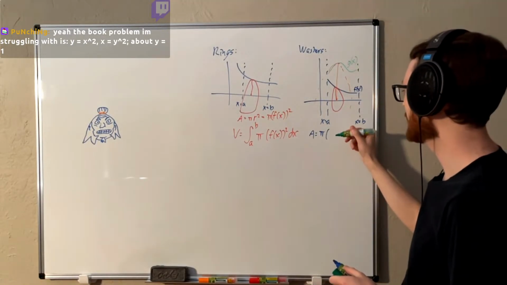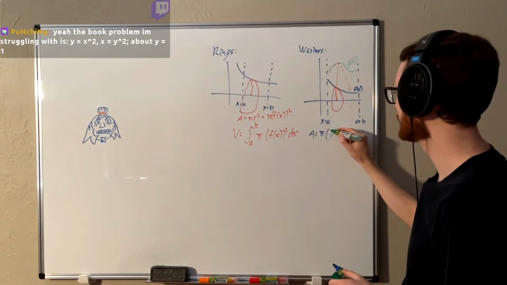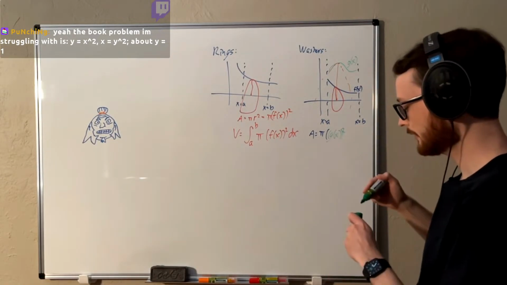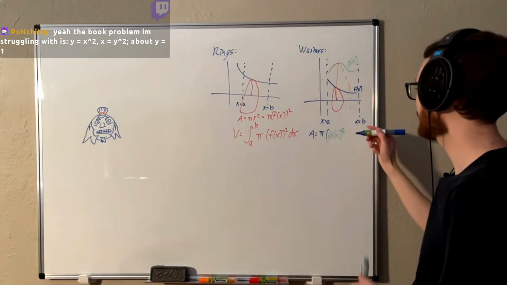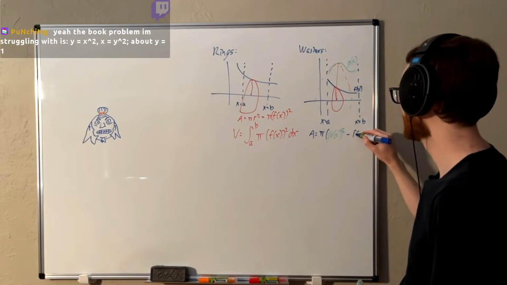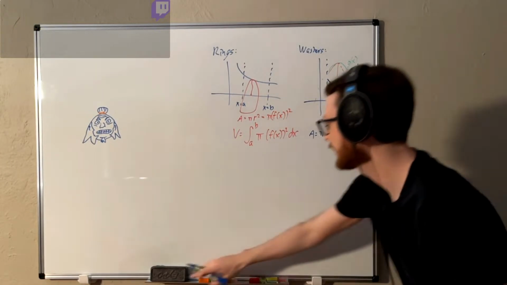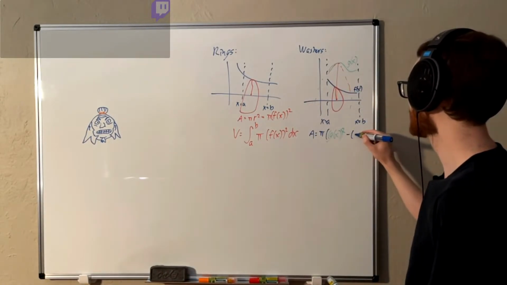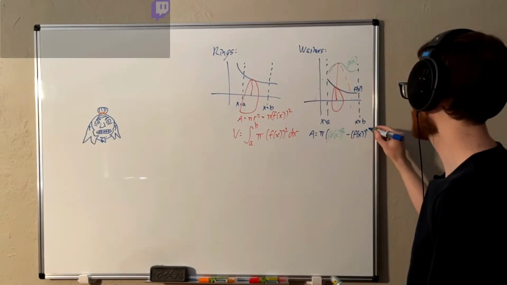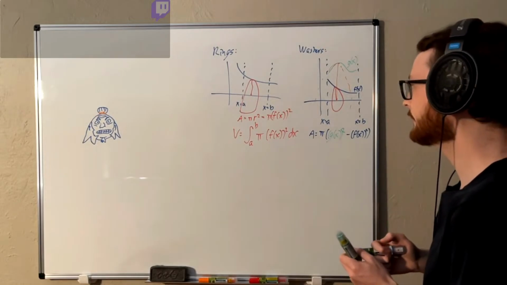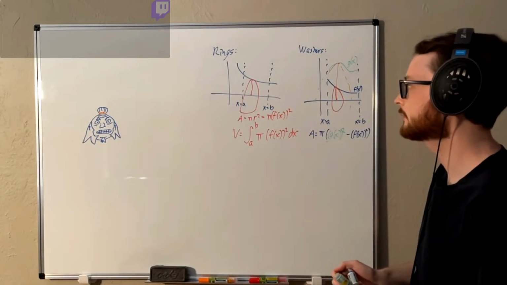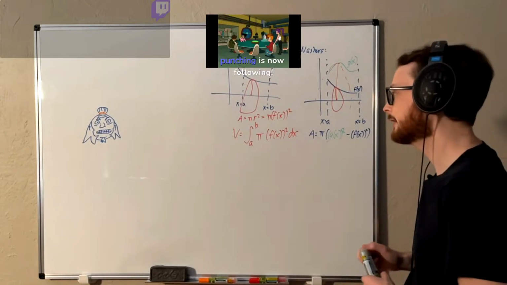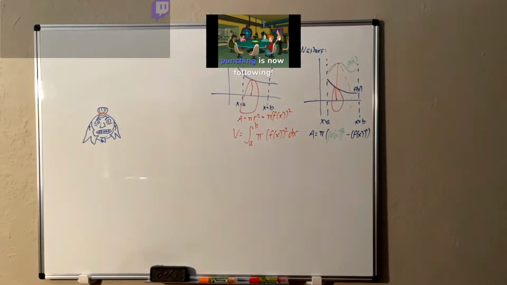We take our upper function, square it, and subtract the lower function squared. So that's why I'm saying that washers is really just two rings where you're doing the outer minus the inner, but it's the same exact construction there.